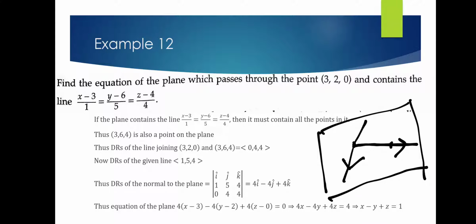So I get two different directions. So all I need to do is find the normal. So I take the cross product. If I take the cross product, I get the direction ratio of the normal. And once I get that, I have the point on the plane, so from there I can find the equation of the plane. Fine.